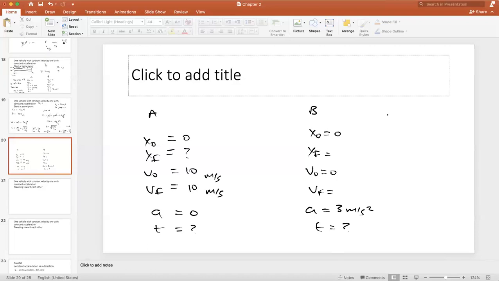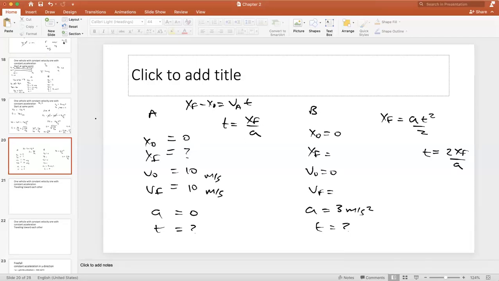So for this one, I have that X final is equal to A T squared over 2, or T is equal to the square root of 2x final over A. And for the other, I have x final minus x initial is vA times t, or t is equal to x final over vA. That seems right.